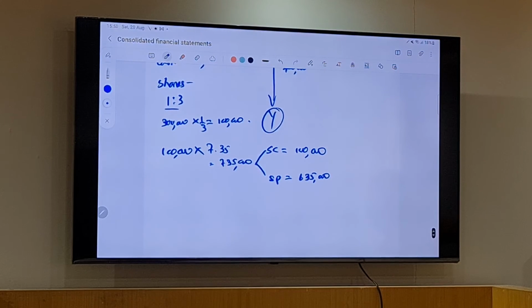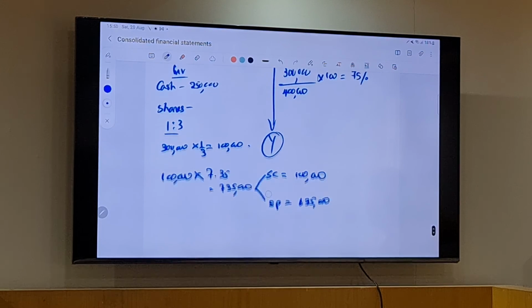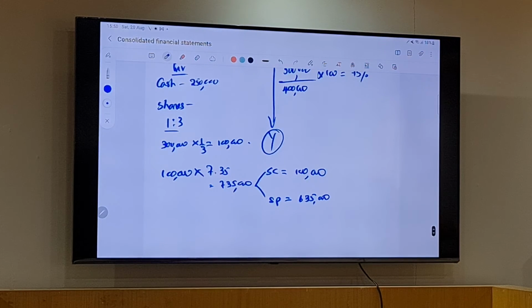So now total investment then is 250 plus 750 plus 735, so that is 985,000. Correct?